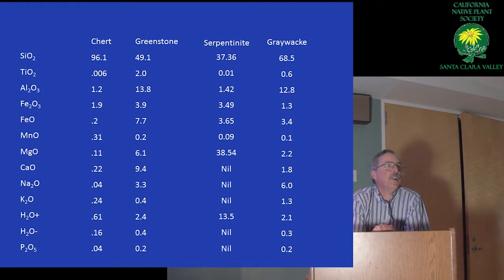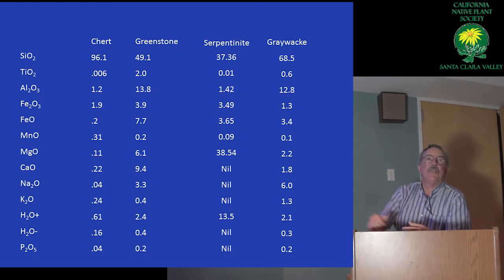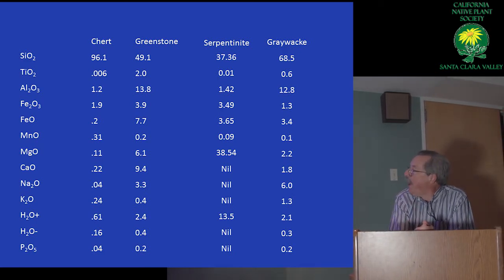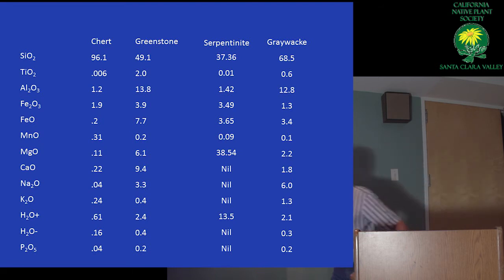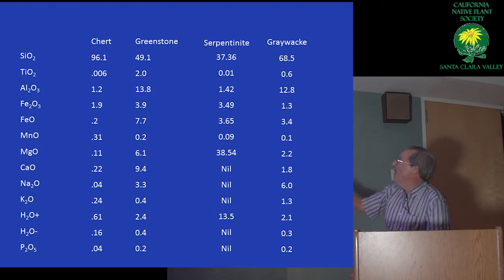So when you go out and start thinking about where you're going to find the greater diversity of plants, greenstones are some of your best ones. Greywackes aren't too bad. Serpentines are going to have the rare ones, the ones that can handle very tough conditions. So the rare, unusual plants will be in the serpentinites. The greenstones will have the more common plants and more of them. So next slide.